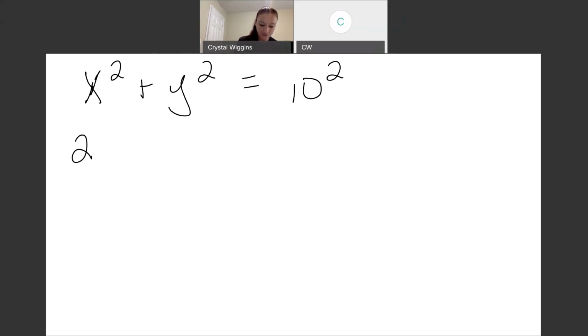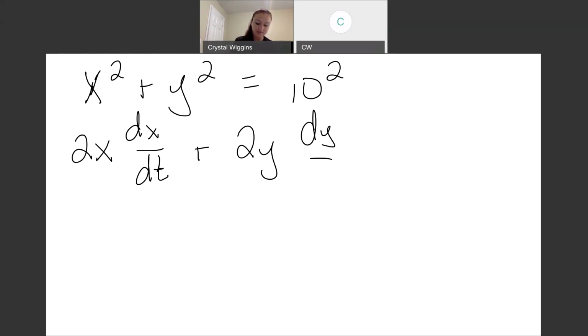So we have 2x dx dt. Remember, we are using this notation because we are emphasizing that we are taking the derivative with respect to time, plus 2y dy dt. 10 squared is just 100. A derivative of a constant, you guys remember, is 0.